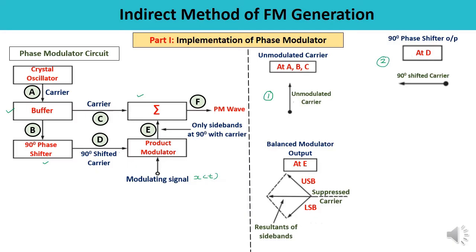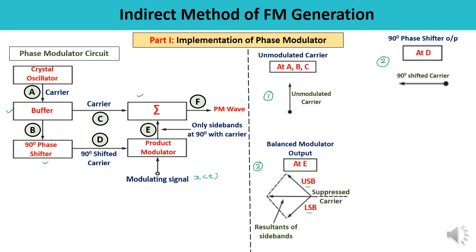Now, when this 90-degree phase shifter output and the modulating signal are applied to the product modulator, the output of that product modulator is available at E, and it consists of both sidebands, upper sideband and lower sideband, and here the resultant of the sidebands is also shown. Now what will happen? You have drawn till point E.